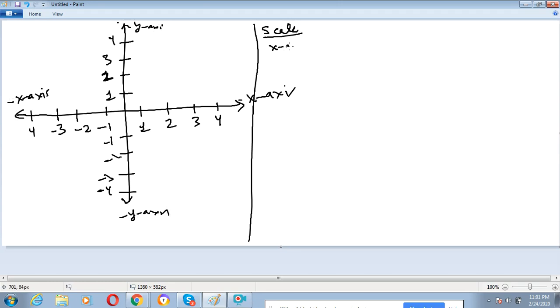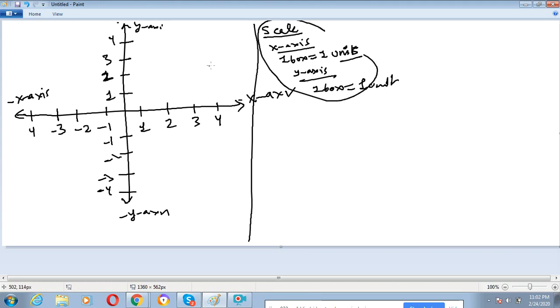In the scale, you can write in x-axis one box equals to 1 unit, because if in the question it's given centimeter, in place of unit write centimeter. If it's given in meter or rupees or time in, let's say, hours, then you can write hours or minutes, whatever is in the x-axis. In y-axis also, right now we don't have anything, so one box equals to 1 unit. On the top right little space you can write the scale. Of course this part should not come in between of your graph.